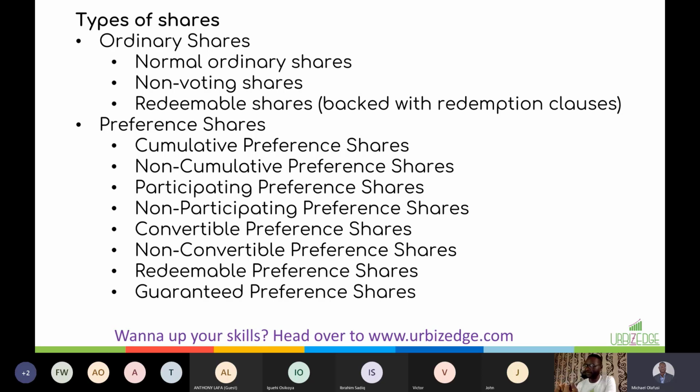So participating preference shares means that you are going to have the same thing as regards a dividend that has already been set at a particular percentage of your initial investment.